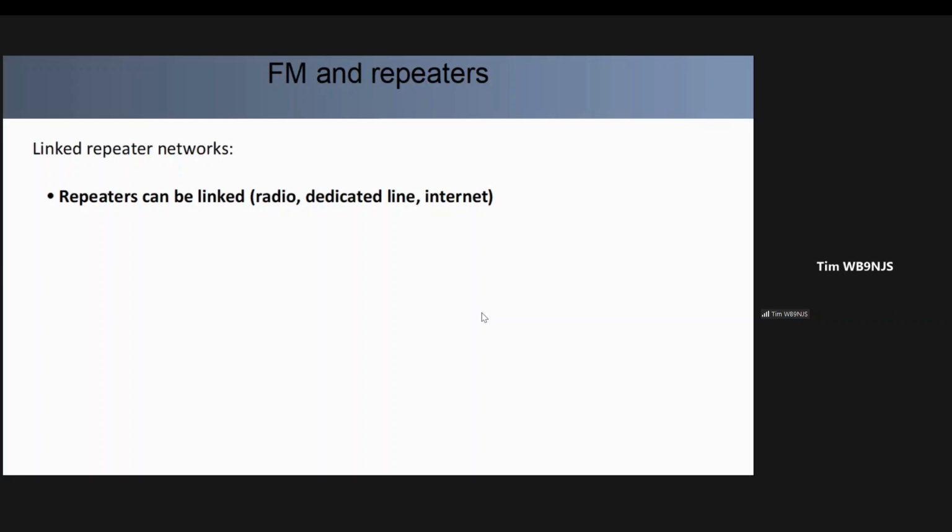There are several ways you can tie those repeaters together. It can be another radio link. It might be a dedicated wire line, even the internet. And as I said, in a linked repeater network, a signal received by one of the repeaters is transmitted by all of them.